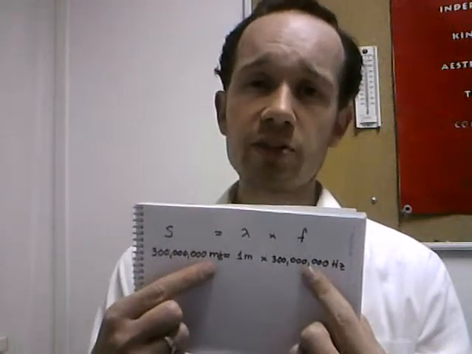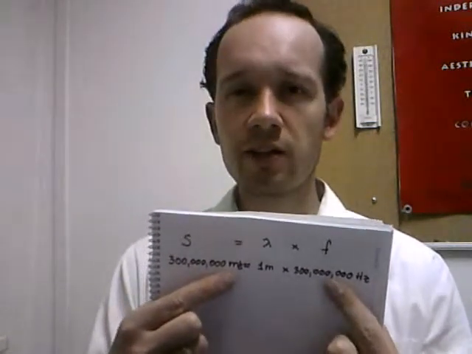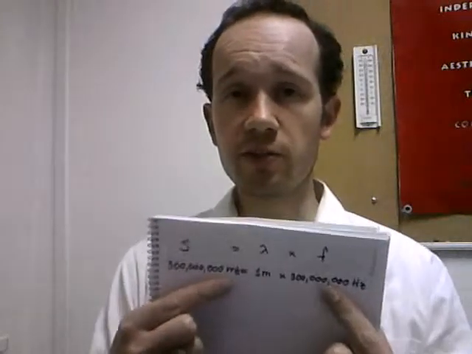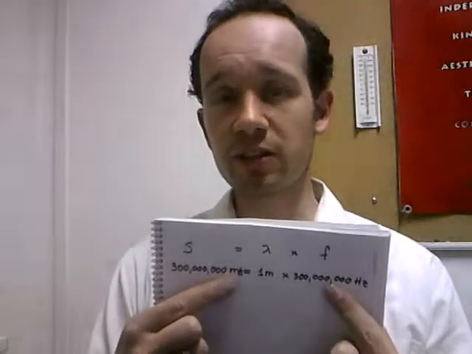That's a very large frequency, much larger than anything that you and I are doing in the world that we live in. We don't do anything 300 million times per second.